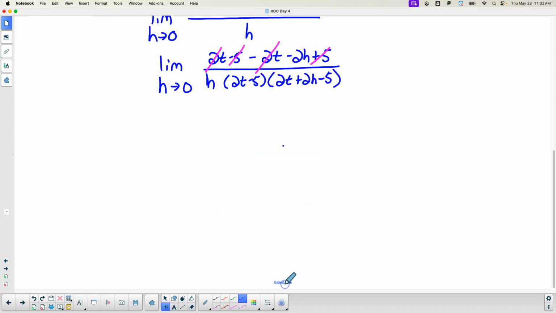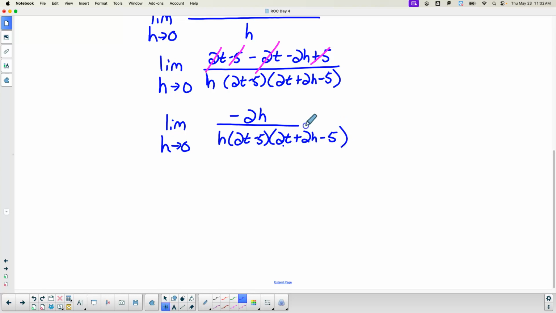This becomes the limit as h approaches 0 of negative 2h over h times 2t minus 5 times 2t plus 2h minus 5. And then these h's can cancel out because of the multiplication.